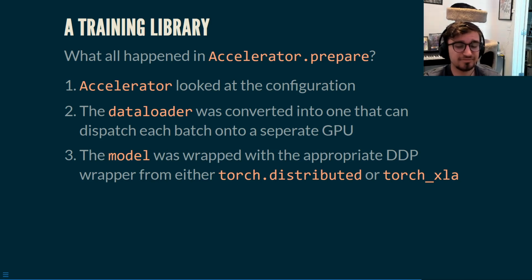So next, the model was wrapped. And so I hinted at this also a little bit earlier. And basically what this means is Torch Distributed and Torch XLA have their own model wrappers. Because when you are training on multi GPU, each GPU needs to have a copy of the model.